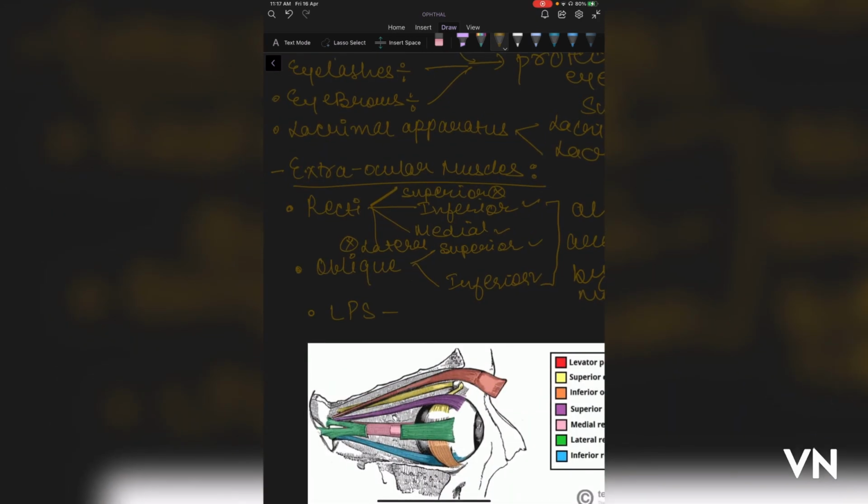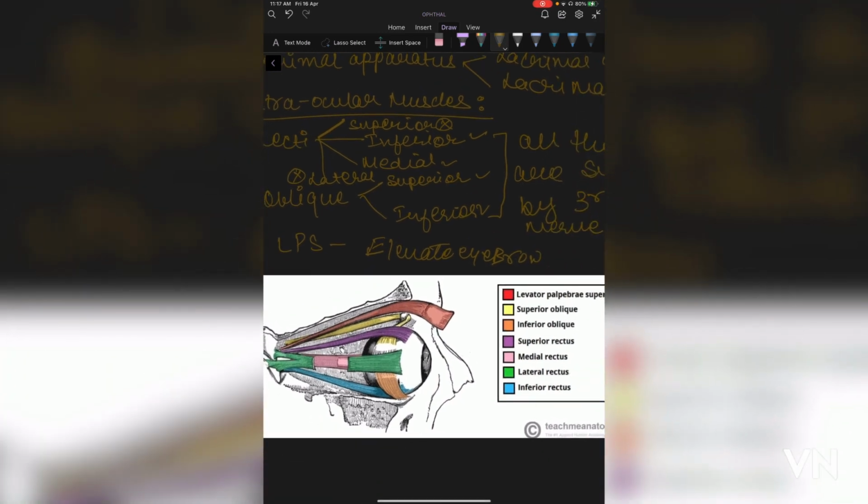LPS is the levator palpebrae superioris. It is basically used to elevate your eyelid, right? Here we can see that this muscle is your levator palpebrae superioris. This is the superior oblique muscle.